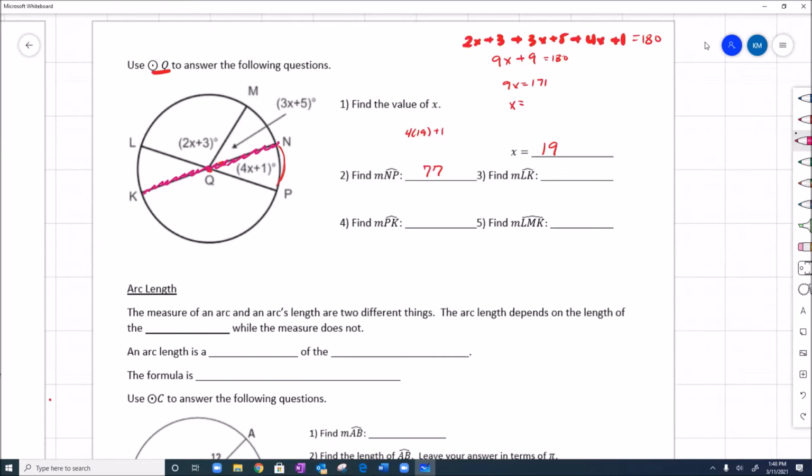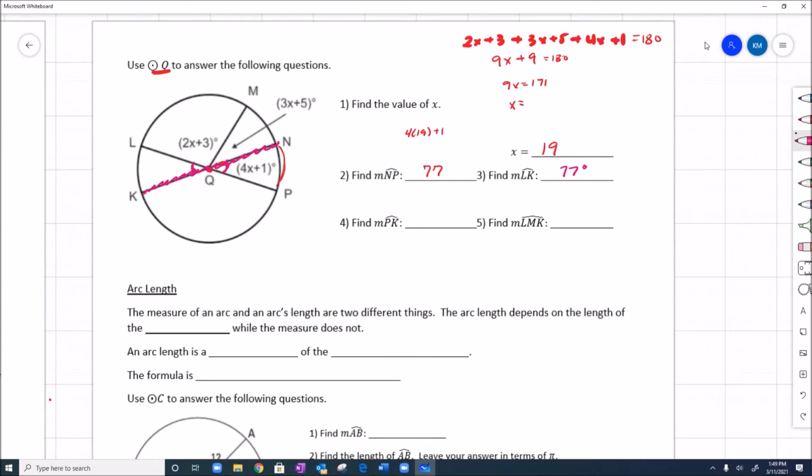Okay, so you should notice vertical angles between NQP and LQK being vertical angles should be the same. Okay, and so if NP is 77, LK should also be 77 degrees. Okay, those vertical angles.